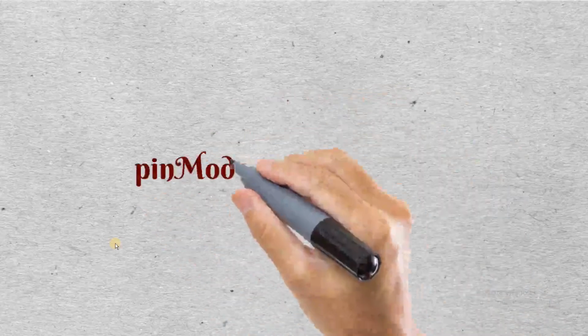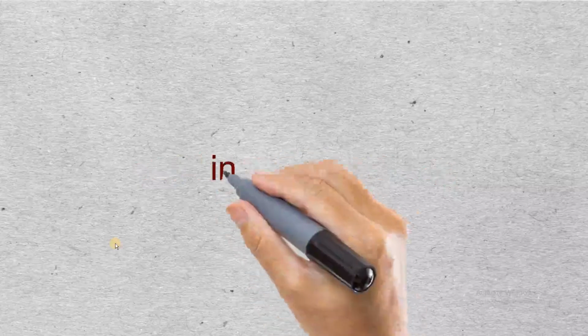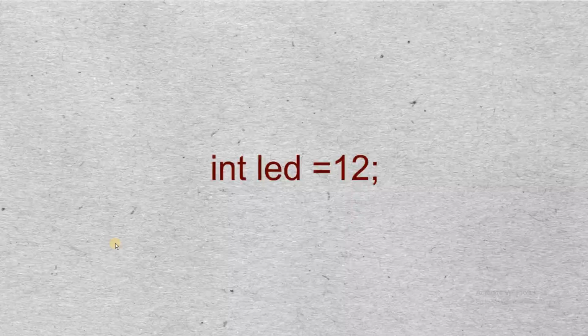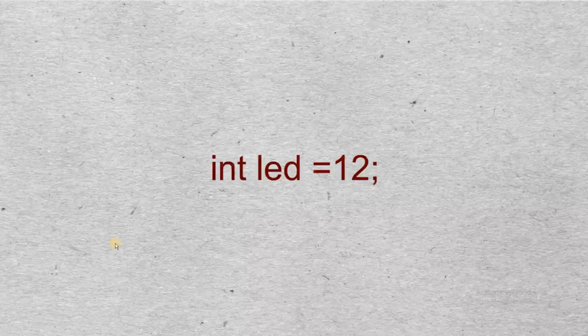Now, let's move to the second function, which is pin mode. Data pins can be used as input pins or as output pins. You need to tell your microcontroller what you want to use that pin for. You've already chosen a pin. In our case, we chose pin 12. You need to tell the microcontroller that this pin will be used as an input or as an output pin.